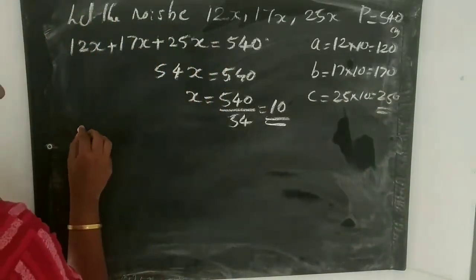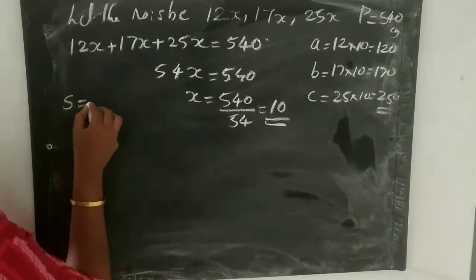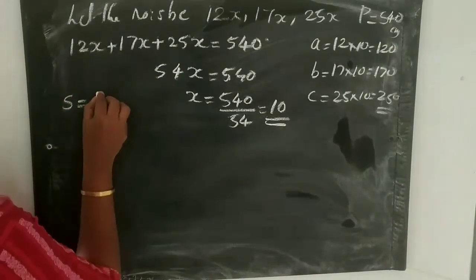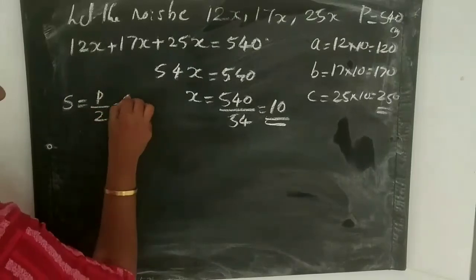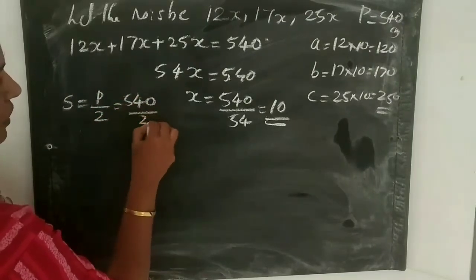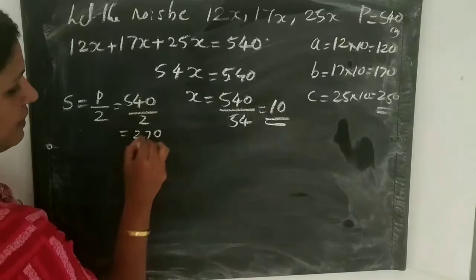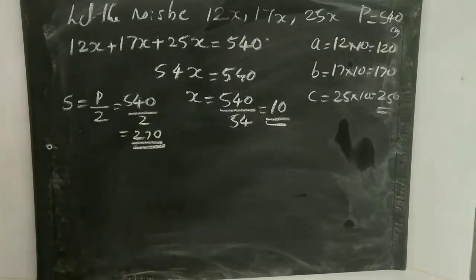The next step is we have to find S. S equal to P by 2. Isn't it, children? P by 2 is 540 by 2 equal to 270. Okay, 270 we get.